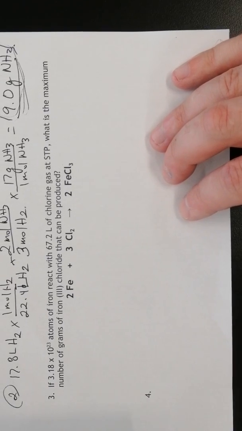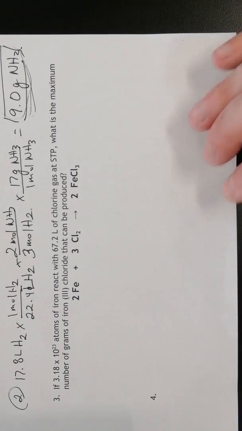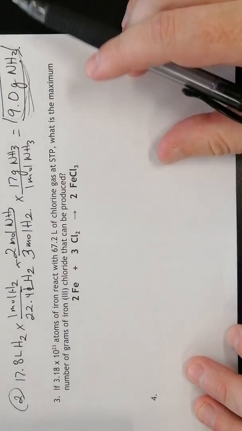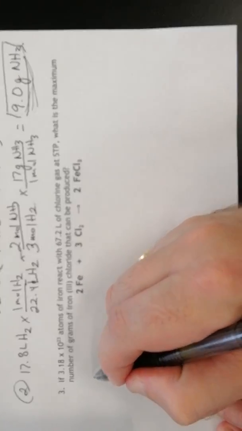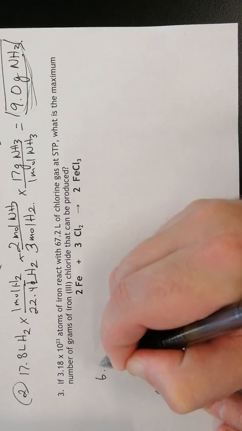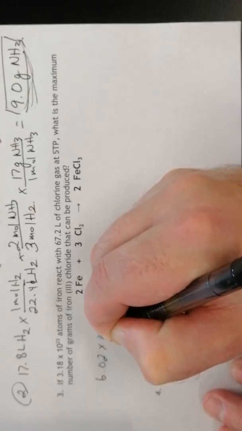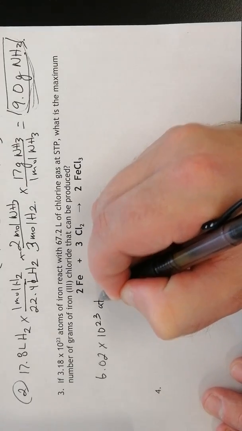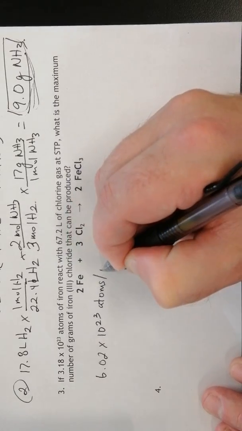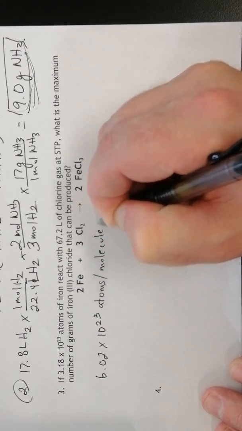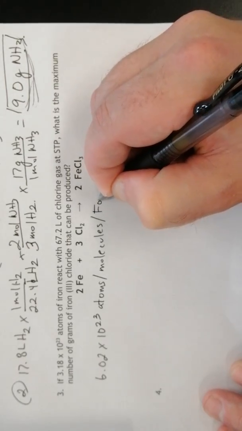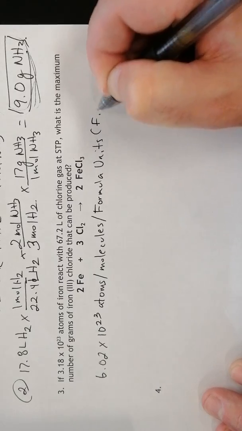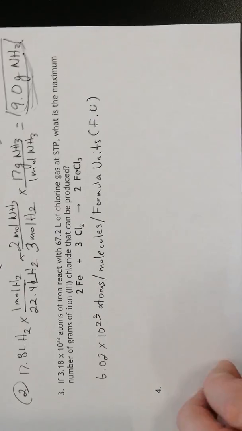Want to do this last one? One more, that's it. This one has formula units or atoms. For this one, we need to remember that Avogadro's number, 6.02 times 10 to the 23, this ungodly number, can stand for atoms, molecules, or what's called formula units, sometimes written FU.